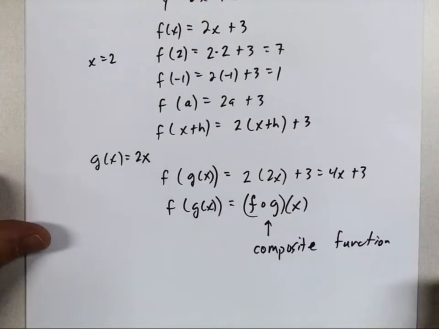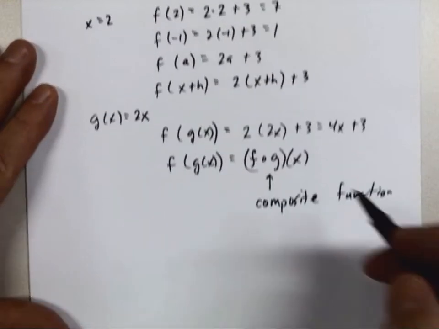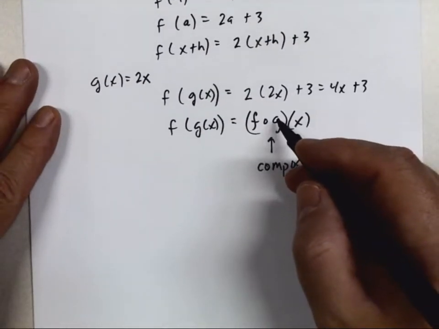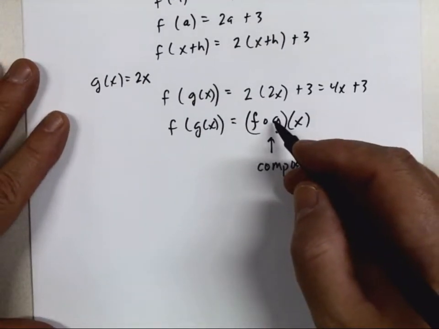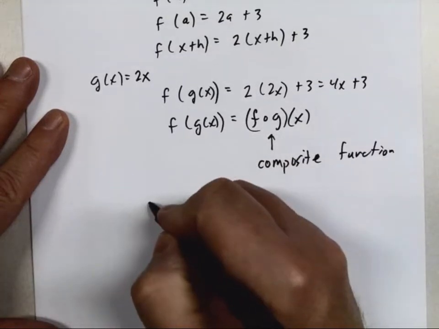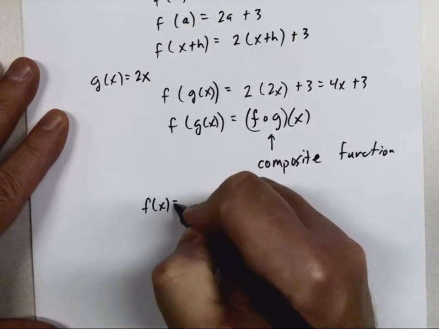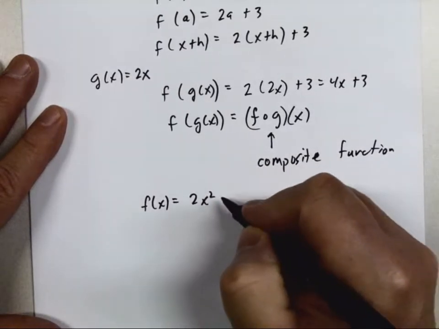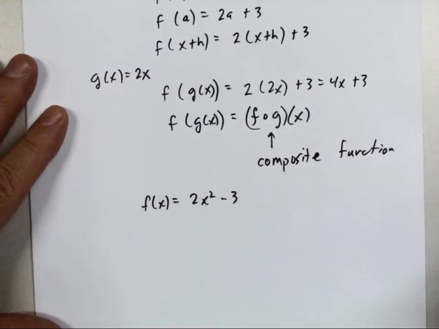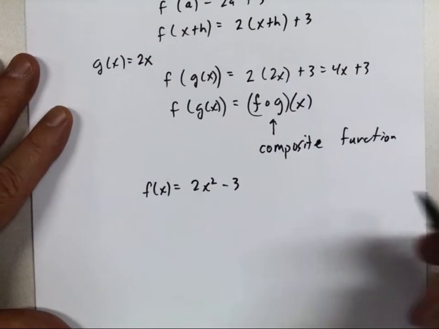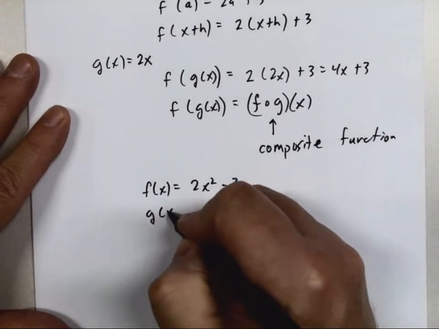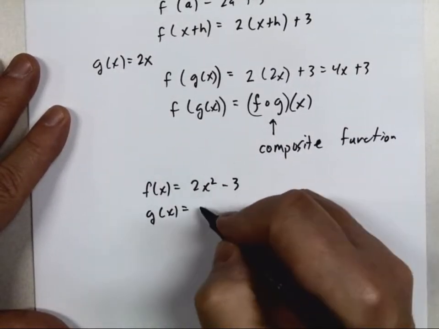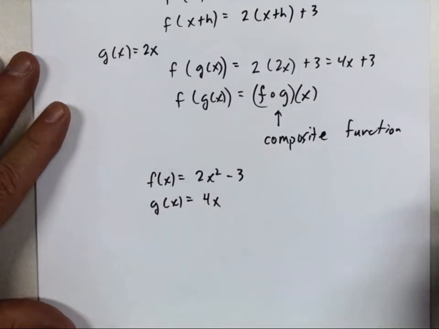Now here's how I always do composite function problems. Here's an example problem. f of x is 2x squared minus 3. g of x is 4x.